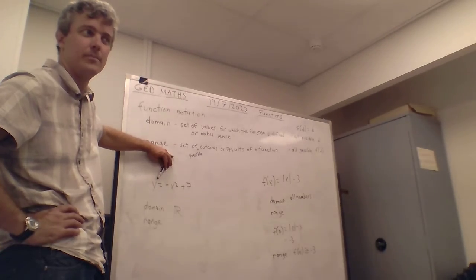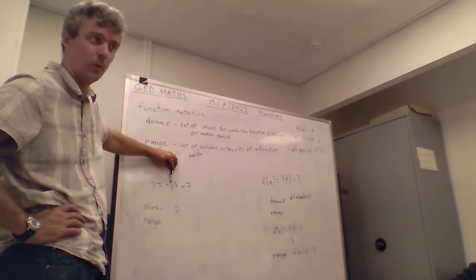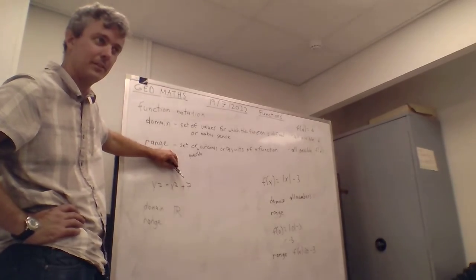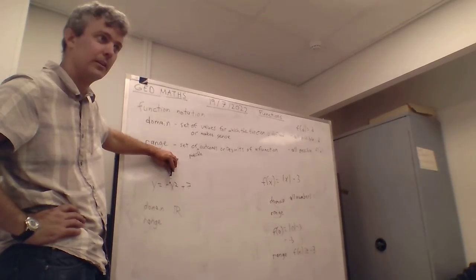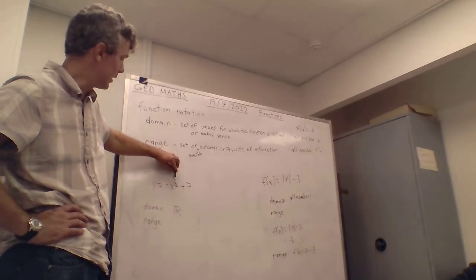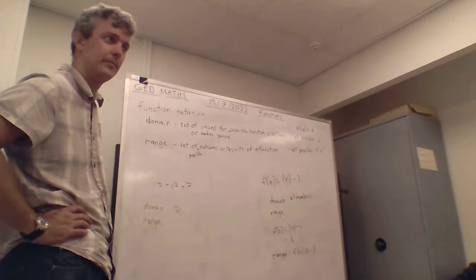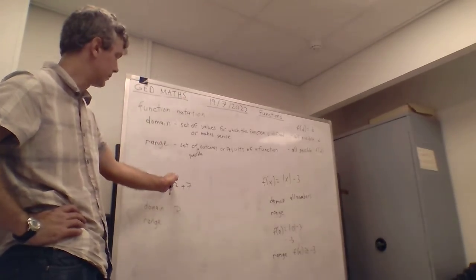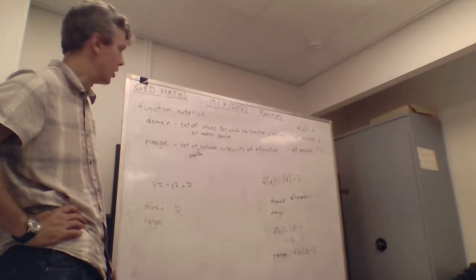If x is 2, it'll be 2 squared, becomes 4. Negative 4 plus 7 is 3. There's a negative in front of it. So whatever x is, it'll be a negative. The negative is not included in the number.